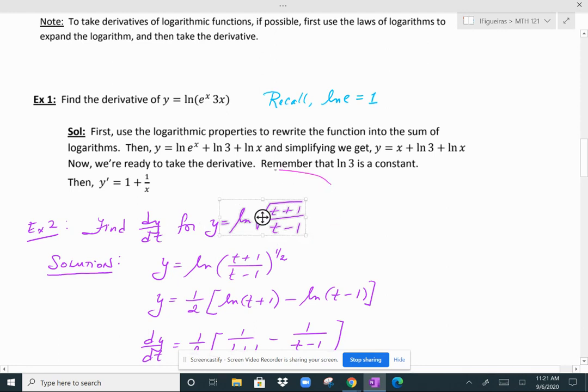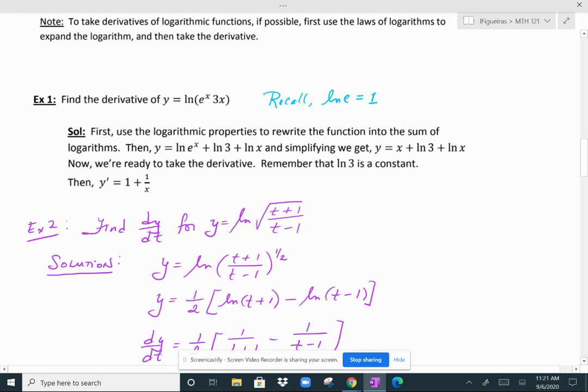If I left it exactly like this, I would have to use chain rule. Ln is the outer function. The square root of t plus 1 over t minus 1 is the inner function. But then the square root function is the middle function. And the innermost function is a quotient, t plus 1 over t minus 1.